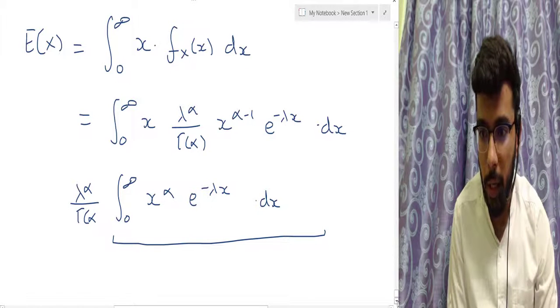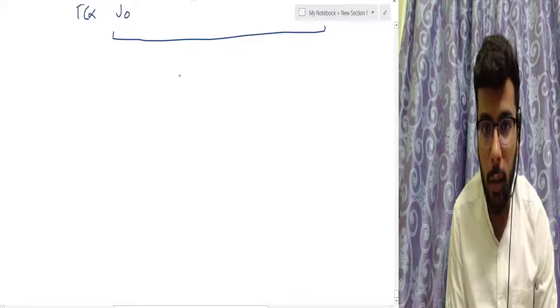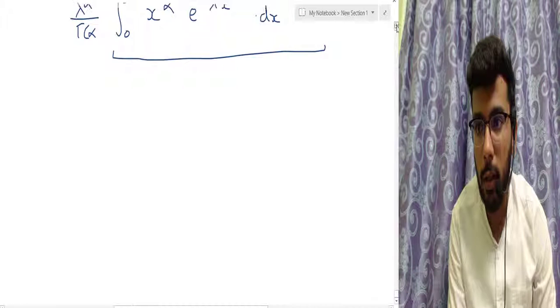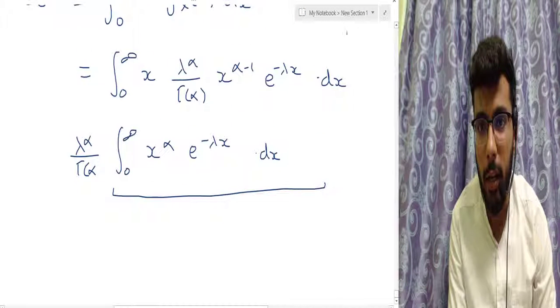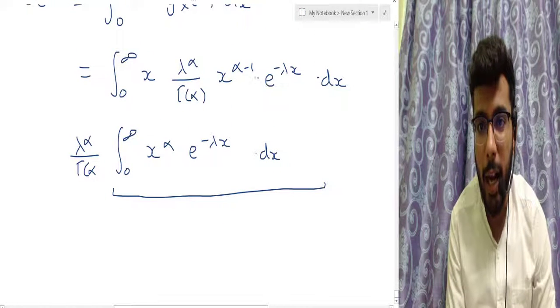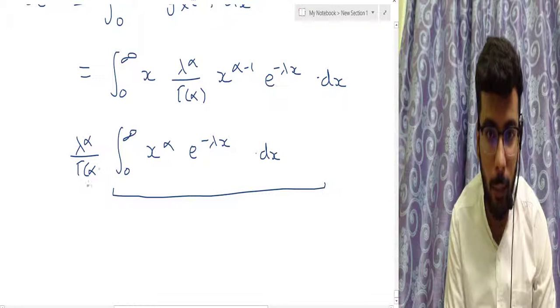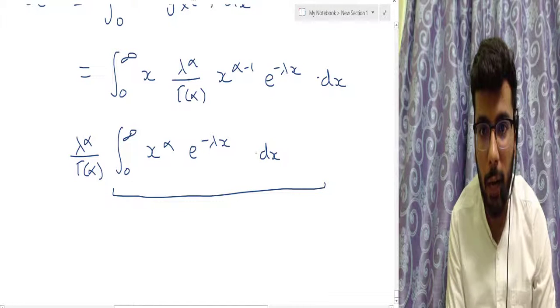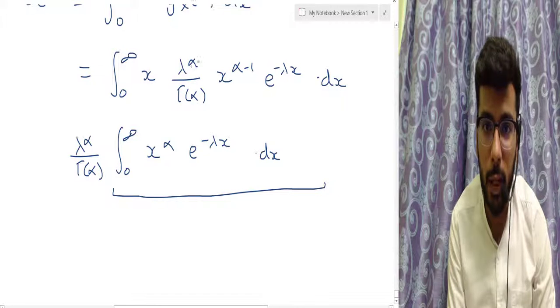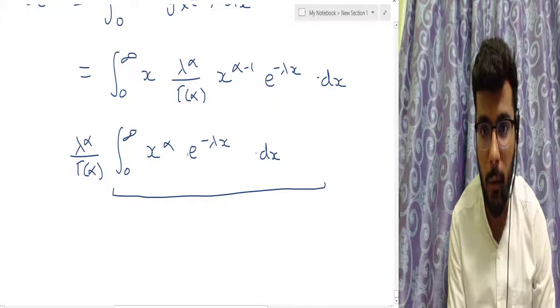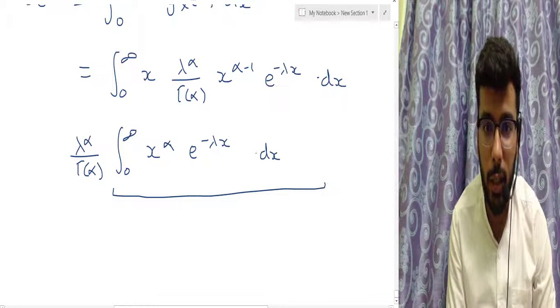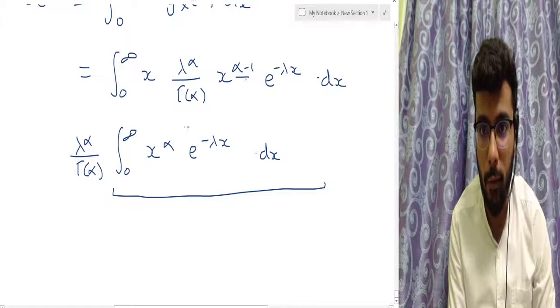Now notice one thing: if you want to make this a complete PDF of the gamma distribution, in order to make it 1, you need to do some sort of adjustment here. In the original PDF you had x to the power of alpha minus 1, along with lambda to the power of alpha upon gamma alpha. Now the power of x has changed, it is no more alpha minus 1, it is alpha.